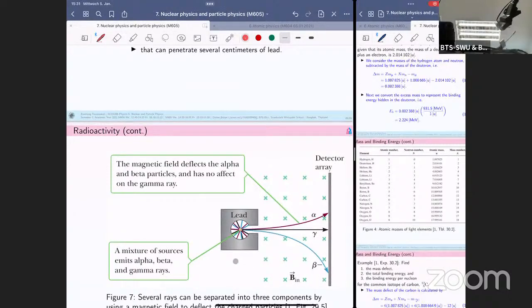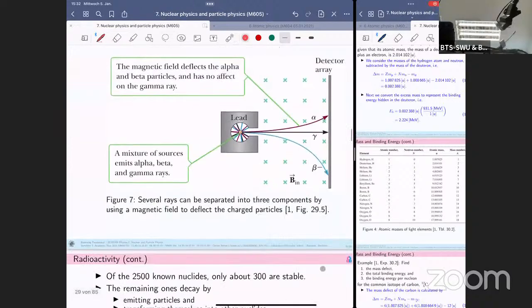When the beta particle is emitted, it receives the force in the opposite way to the alpha particle, which is positive. That's why beta negative has a bending shape in the opposite direction like this.